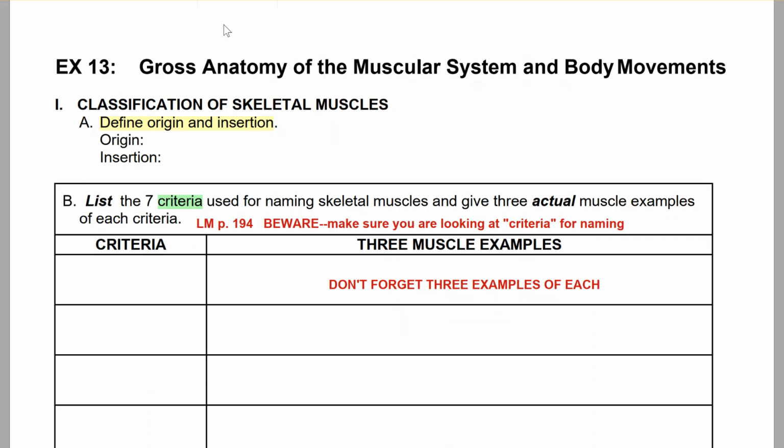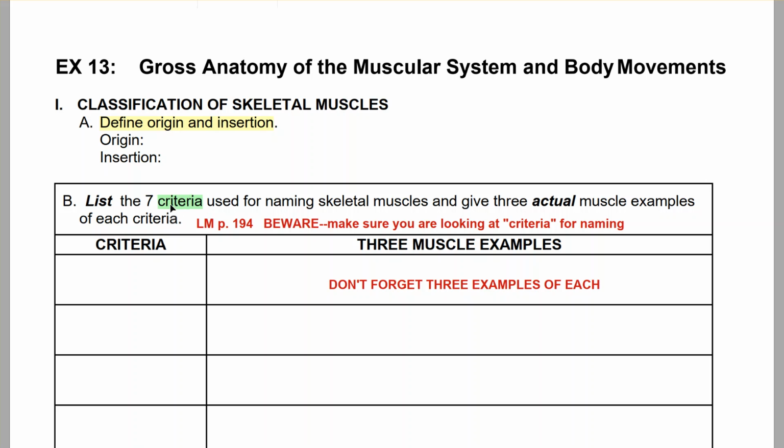All right, so now we're leaving behind the microscopic anatomy, and now we're looking more at the gross anatomy of the muscular system. And so first of all, don't forget this question right underneath classification. Define origin and insertion. So understand what those terms mean in reference to the muscular system. And then B, list 7 criteria used for naming skeletal muscles.